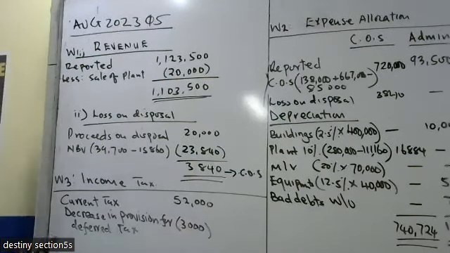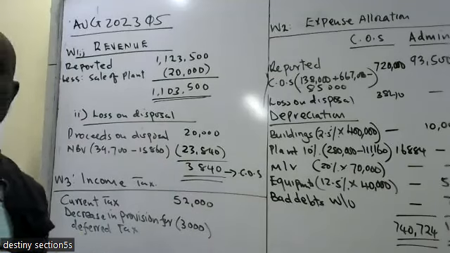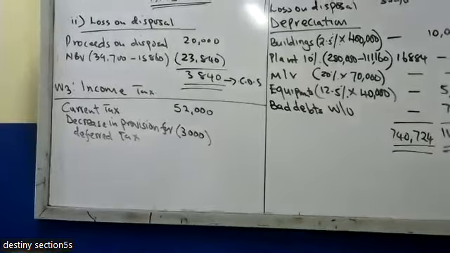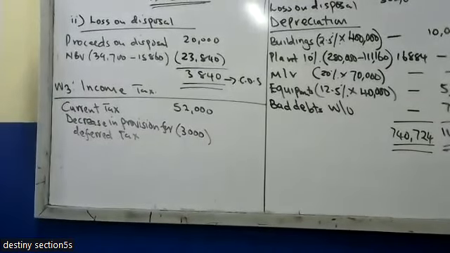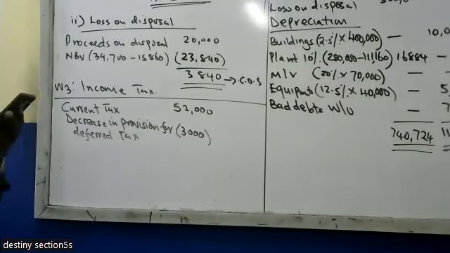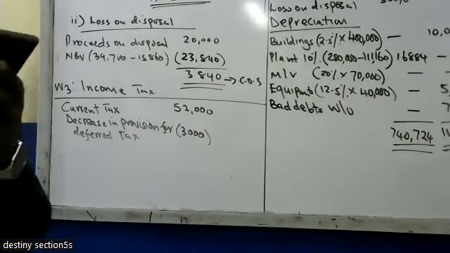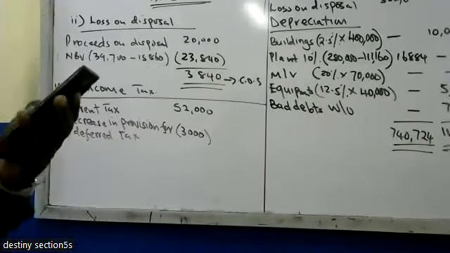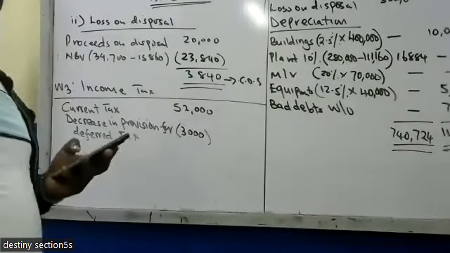So decrease, you subtract. When there is a decrease in provision, you less. That one you subtract. Then in the trial balance, they are saying there is a current tax, which I can see, it is 2,600. So they are saying it is under or over.